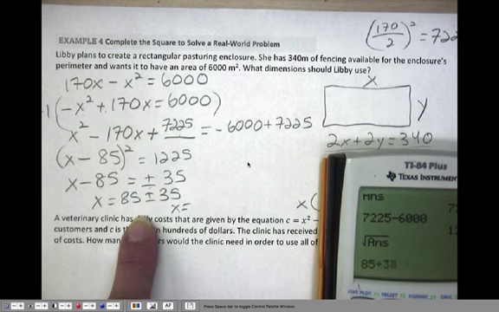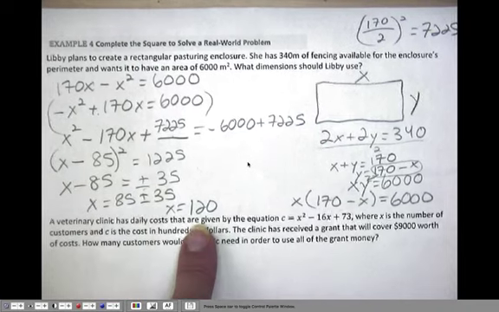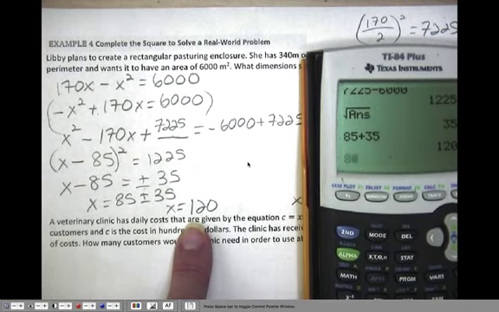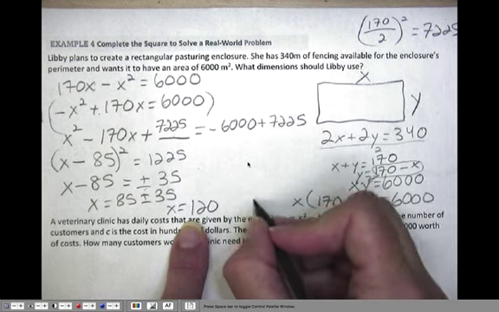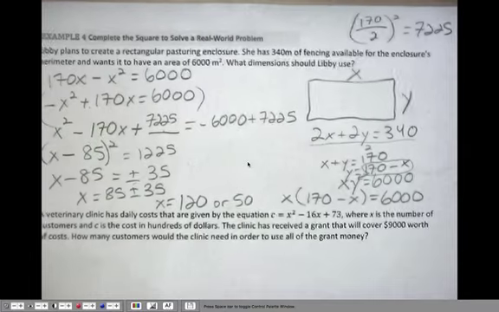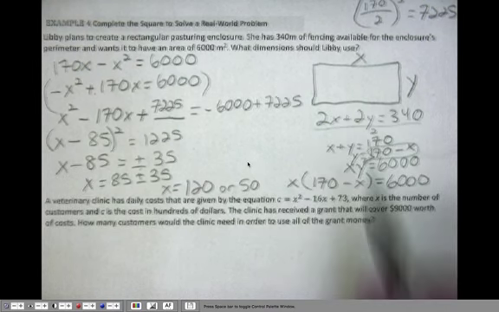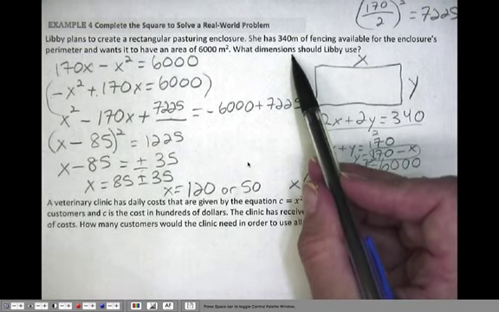x is 120, and 85 minus 35, or 50. Okay, so you might be thinking to yourself, well, how do I know which one is the right answer? Well, the problem is asking us for the dimensions.